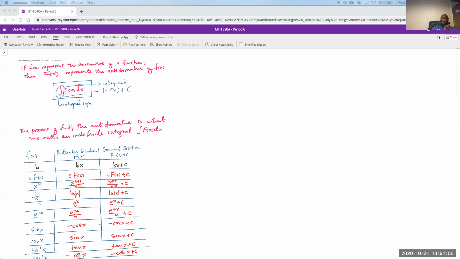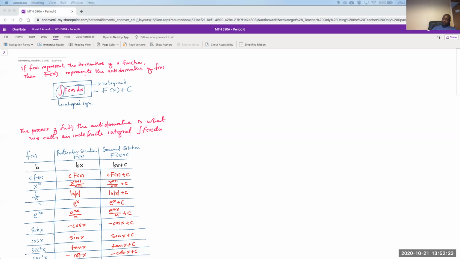If it had a constant term, it would take care of that for us. So this process that we just went through, finding the antiderivative using the symbol notation, the integral sign and all that, is what we're calling the indefinite integral. All right. Indefinite integral.